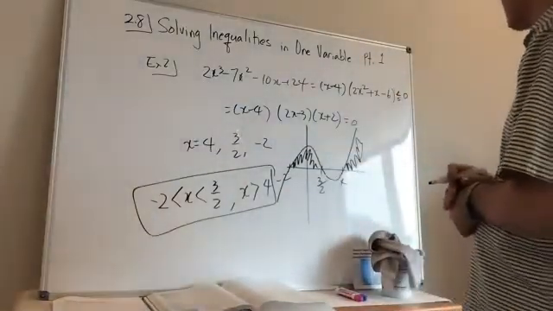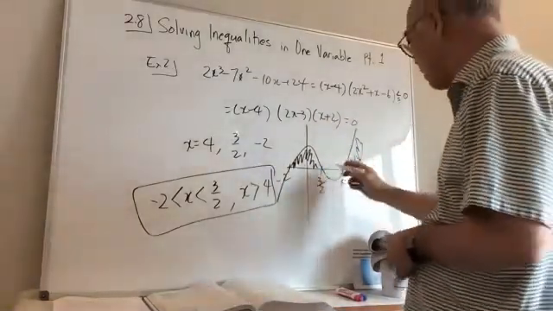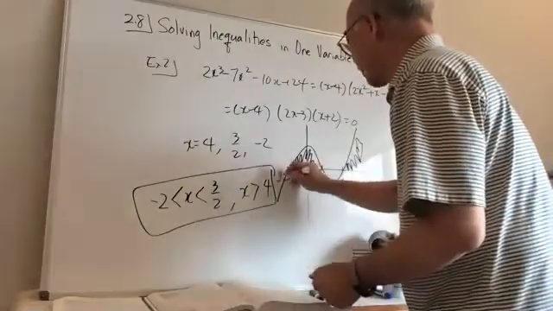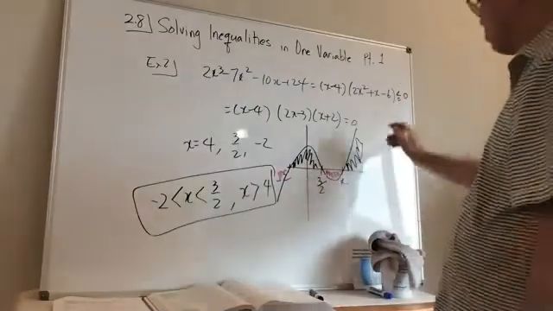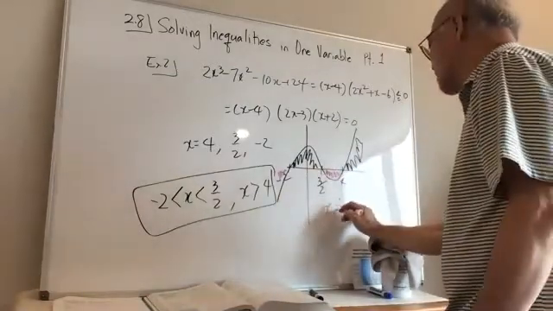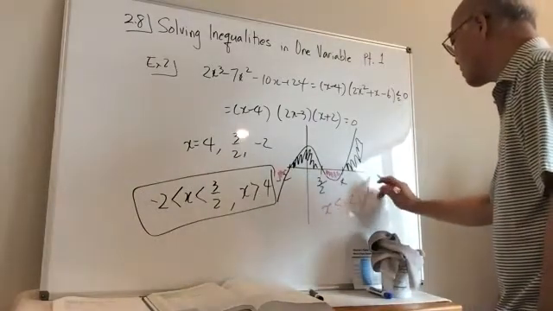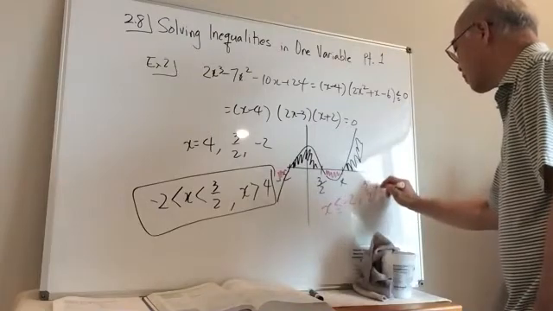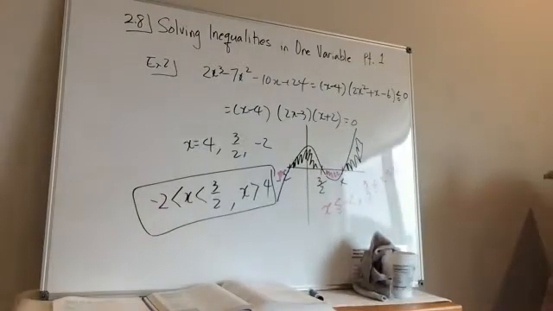Okay? If I change the question and I ask you this, what would the answer be? When is it less than or equal to 0? Less than or equal to 0 would be over here and here, right? So it would be x is less than or equal to negative 2, or x is between 3/2 and 4.